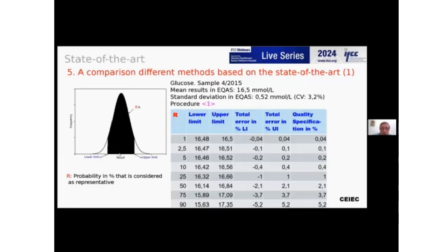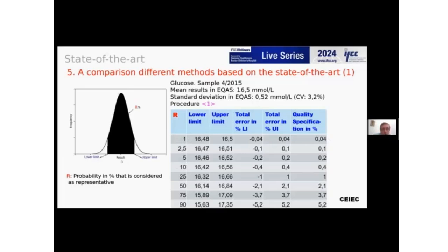But also, what happens if we work with another sample, like the one we have here from 5 in 2015, with differentiated values, differentiated coefficients of variation? We find that the values would also be different. Why?